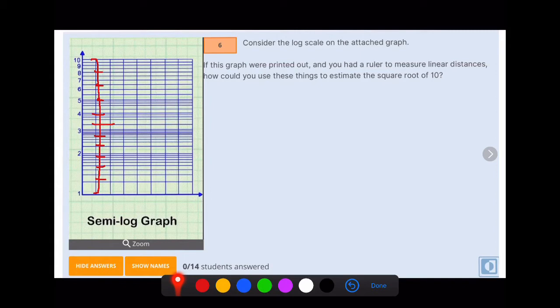It shows all the values of 10 raised to a certain exponent between the exponents of 0 and 1. The highest number written down is 10. 10 to the first power is 10 because anything to the first power is itself. The lowest number written down is 1. 10 to the 0 power is 1 because any number at all to the 0 power is equal to 1.